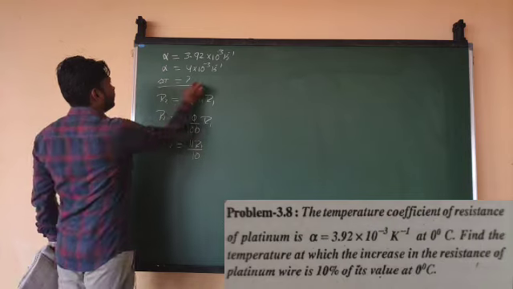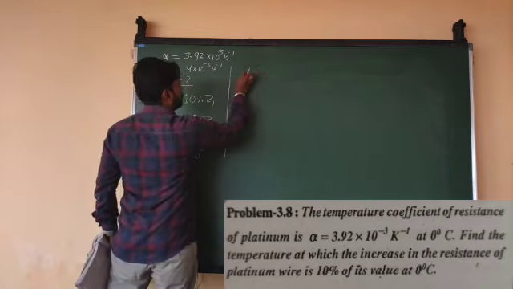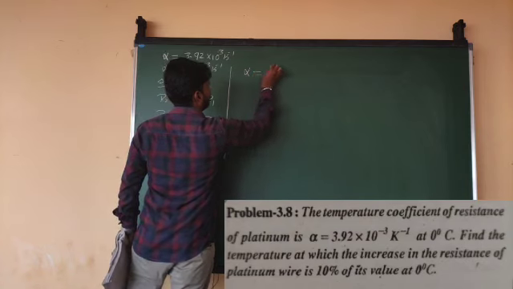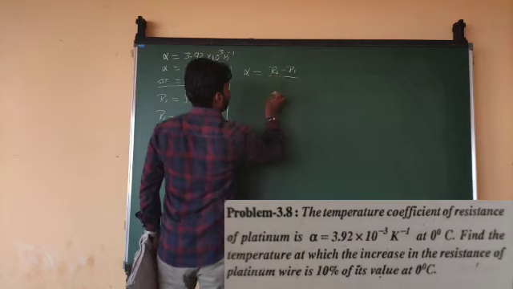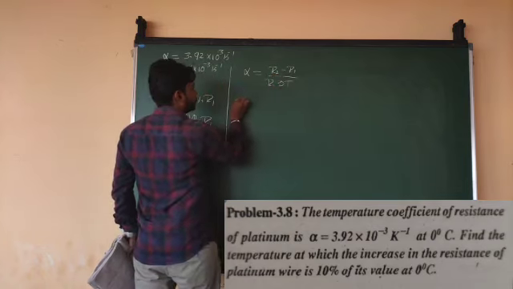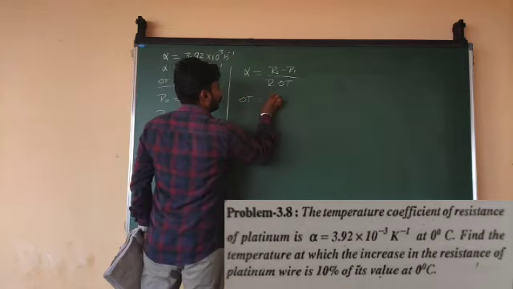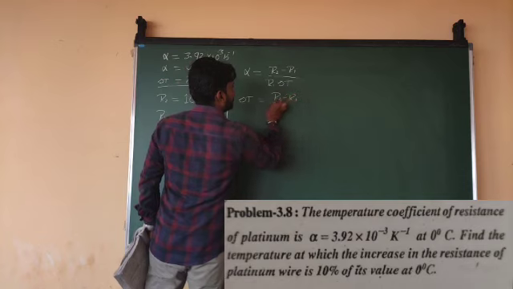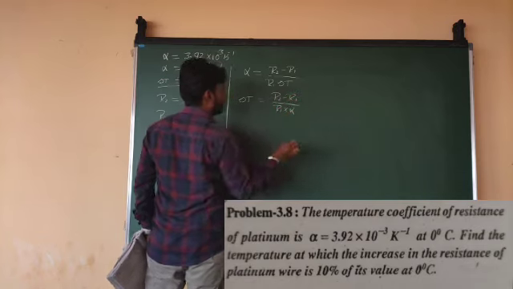Which thing do I need to find here? The delta T value. Alpha is equal to R2 minus R1 divided by R1 into delta T. Taking out the delta T term, delta T is R2 minus R1 divided by R1 into alpha.